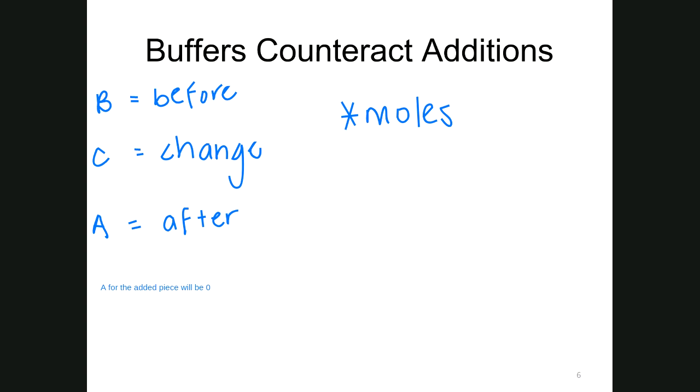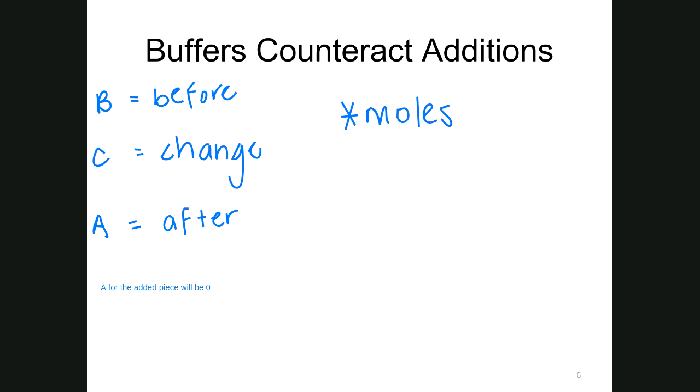So A at the end of our reaction should be 0, because again, the point of a buffer is to completely consume whatever is added and help neutralize it. So A for whatever's added will always be 0. Remember, we can ignore water because water doesn't matter in an equilibrium anyway.